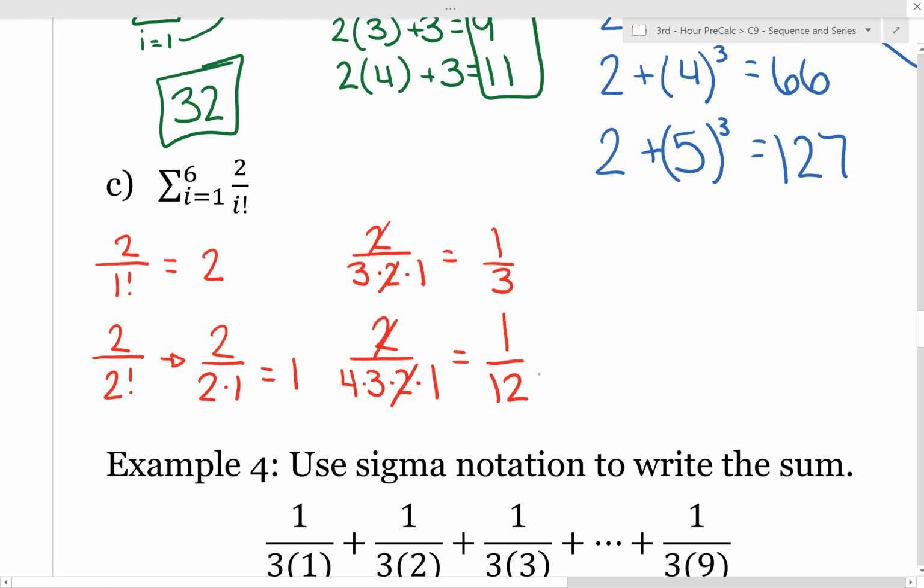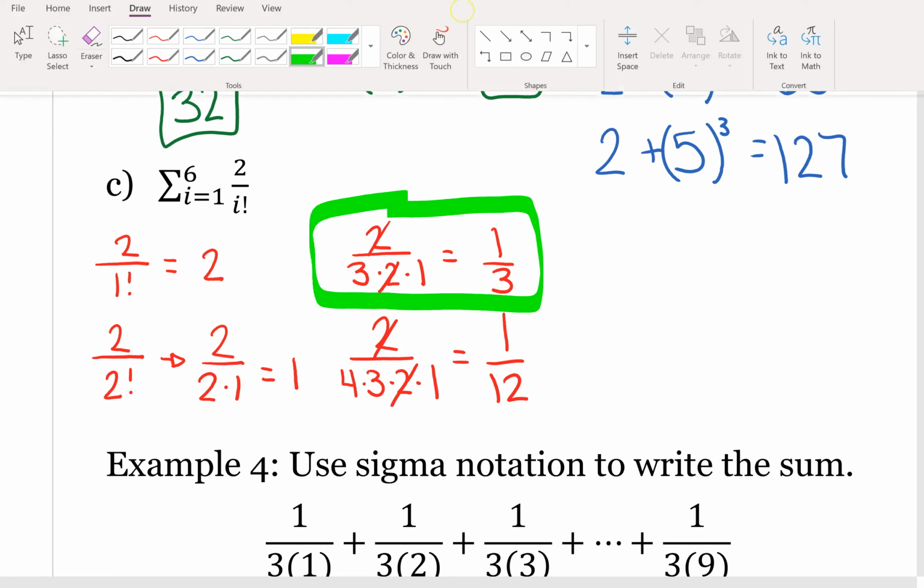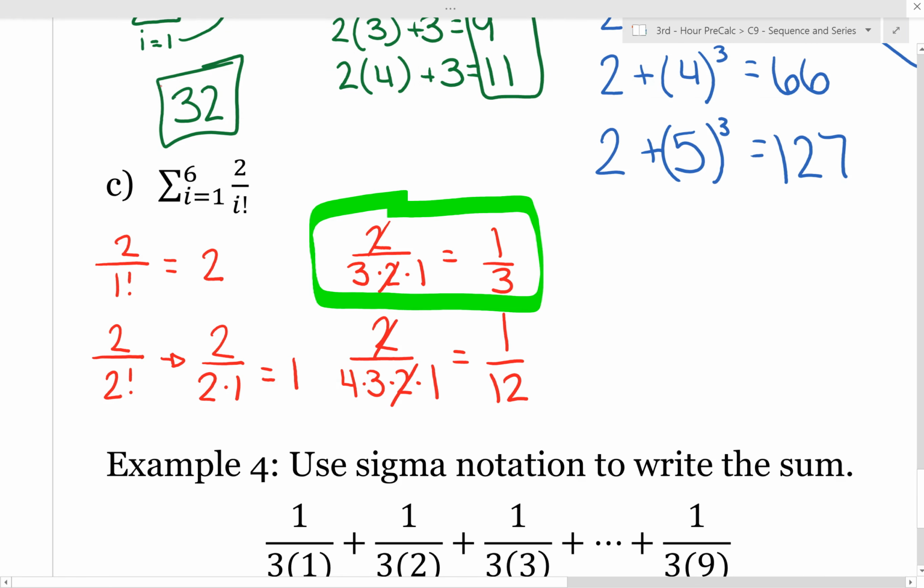So if you notice, basically I'm taking this one and then adding one more number to it. And it's starting to show me a pattern. So we'll have 2 over 5 factorial, so 5 times 4 times 3 times 2 times 1. The 2's cancel. As you can see, I have an extra 5, so 5 times 12 is 60. So I have 1 over 60.